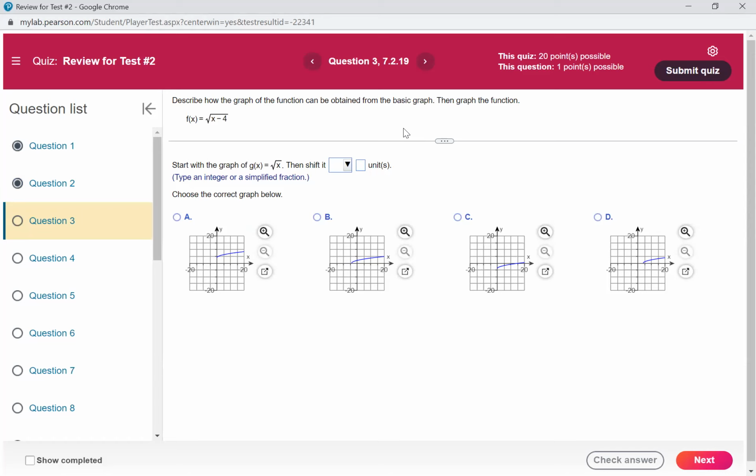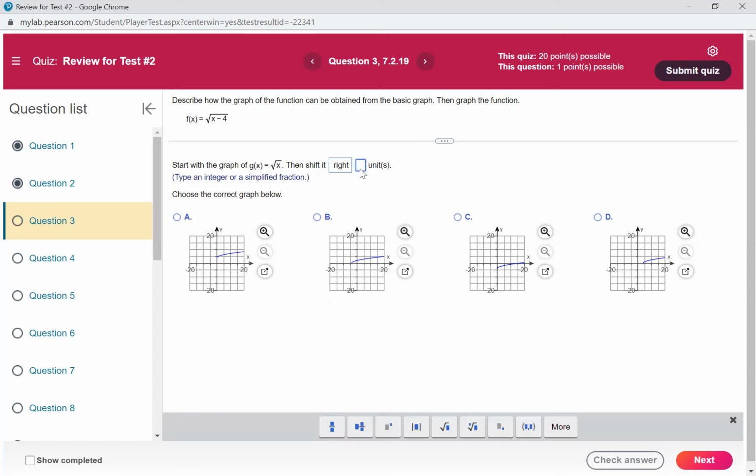So when the x - 4 is under the square root like that, you treat it like it was in parentheses. So inside the parentheses, remember, is going to go left or right. Since this one's subtracting 4, it's actually going to go right. So once again, that's opposite what you think when it's inside the parentheses. And then it's going to go 4 units. So we're going to go right 4 units.